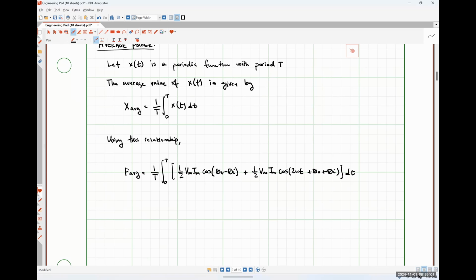I'm just using the generic relationship because if it works for this, it'll work for literally everything.